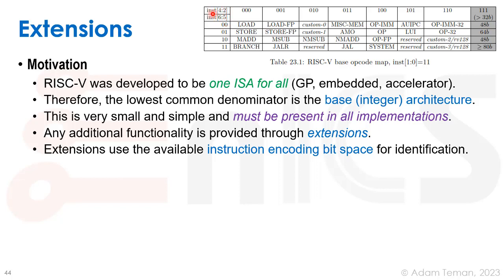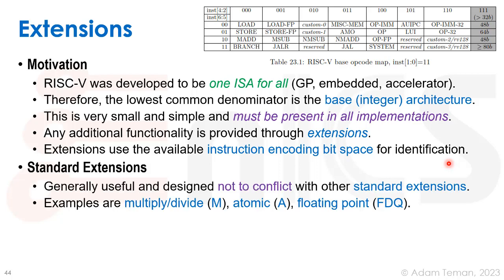So if we take the opcodes over here, which are these bits 6 to 2, because remember, bits 1 and 0 are always going to be 1, 1 unless we're compressed, then you can see which ones have already been used by basic instructions and which ones are set aside for custom instructions. And then you can also go and extend beyond 32 bits and do all kinds of crazy things, overwriting these instructions. But there's actually a lot of instruction encoding bit space that's used for identification.